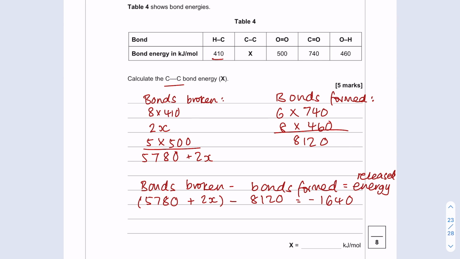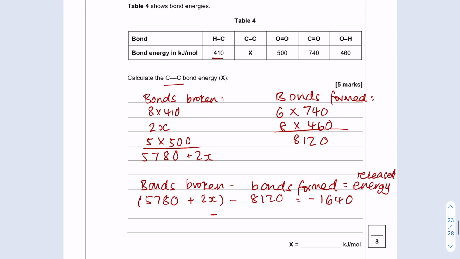So do 5780 minus 8120 to get minus 2340 plus 2x equals minus 1,640. To get 2x by itself, we add 2,340 to both sides. And then finally divide by 2 to find the value of one of those bonds. So your final answer is 350 kJ per mole.